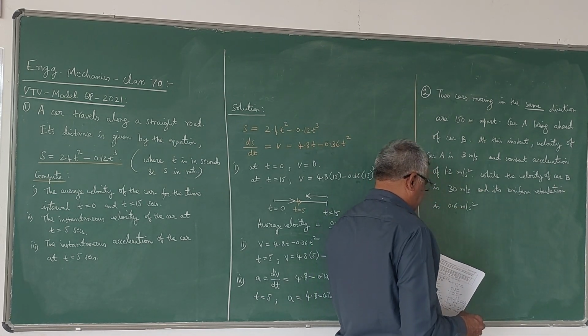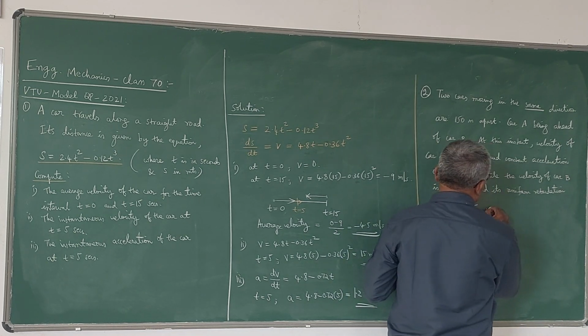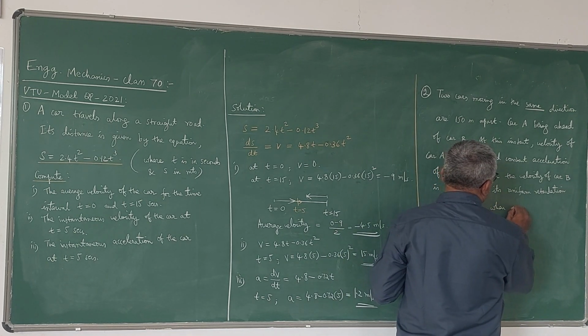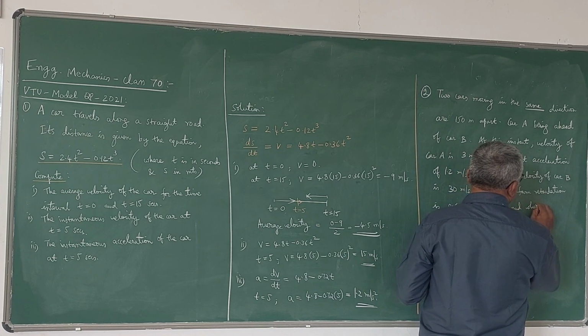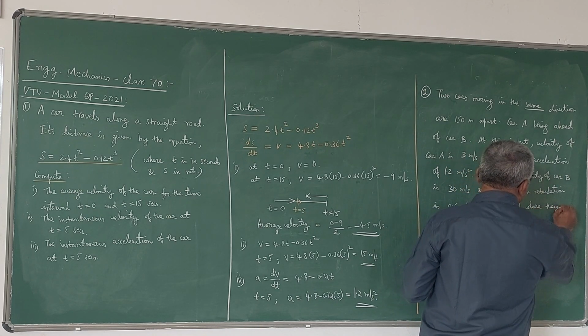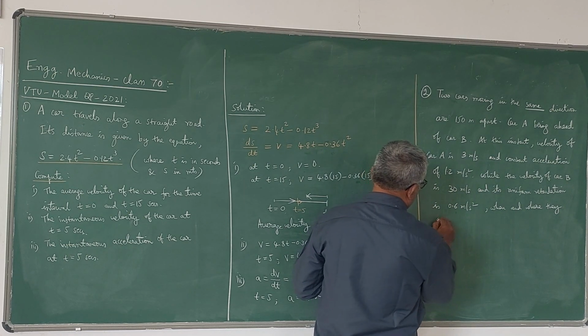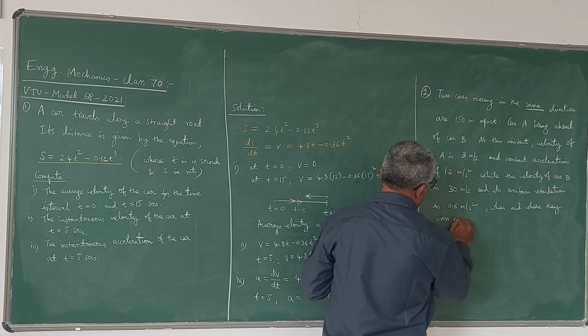When and where do they cross each other?